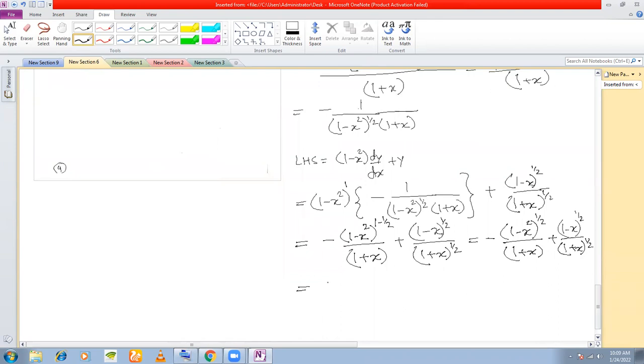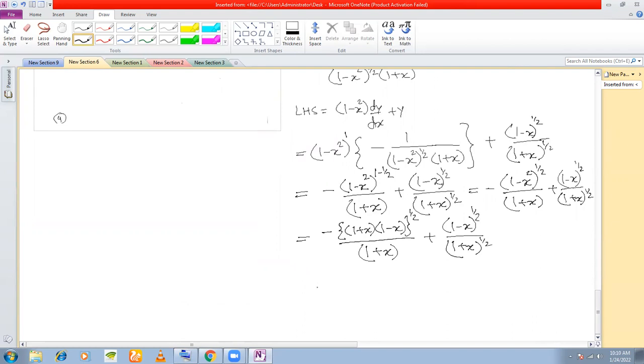So now if you see in the numerator, you have 1 minus x squared to the power of half, which can also be written as 1 plus x into 1 minus x to the power of half divided by 1 plus x plus 1 minus x to the power of half divided by 1 plus x to the power of half, right?